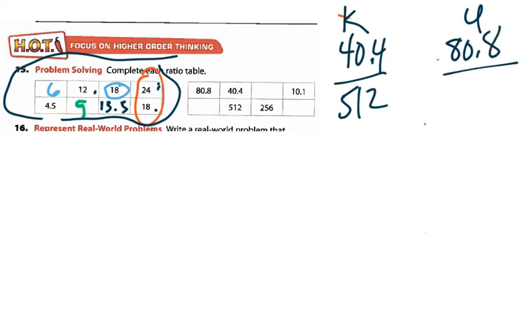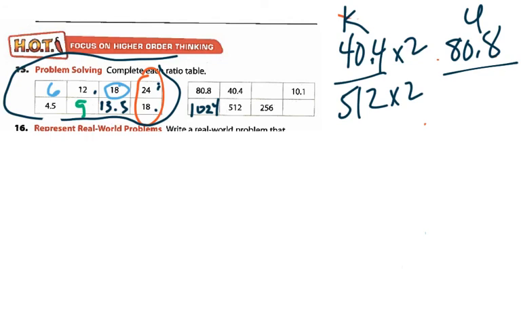Now, I know I can look at that, and I can say 40.4 times 2 is 80.8. So if I multiply by 2 for my numerator, I have to multiply by 2 for my denominator. And 512 times 2 is 1,024. Okay, so that was pretty easy to figure out.